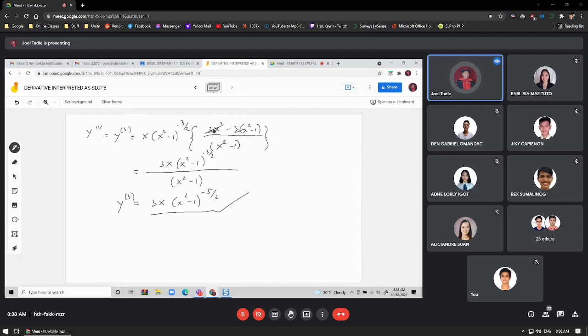So, there is a numerator part. We have the expression 3x squared, then minus 3. The 3 is multiplied by the LCD. You are familiar with this already, guys, no?